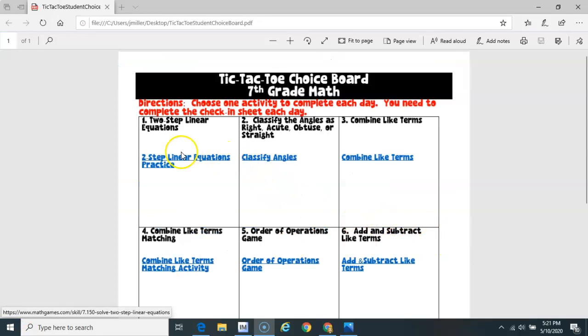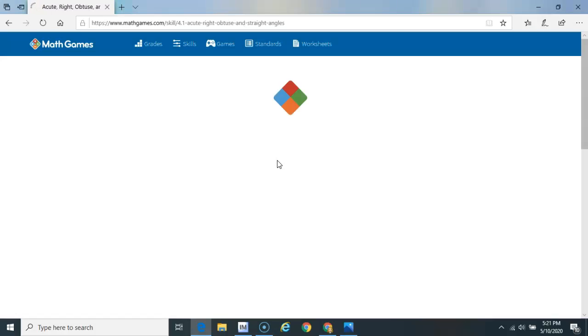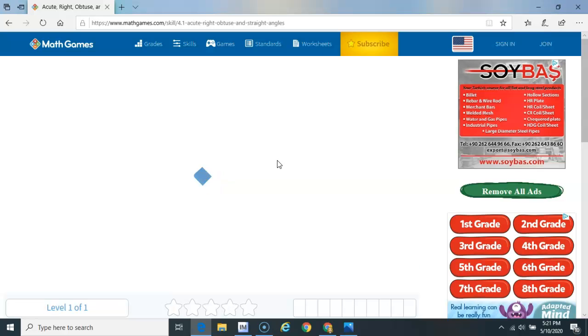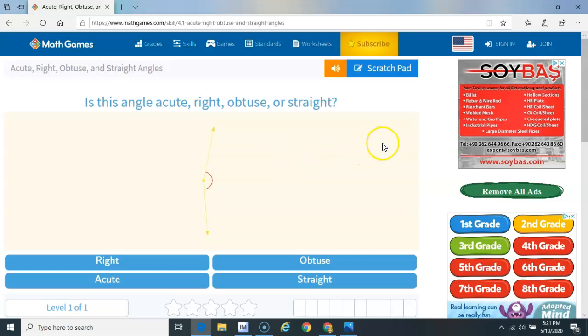So, like I was saying, if you got in and you said you didn't want to try that one, then you could go and you could look at this one. And this one is about classifying angles as acute, right, obtuse, or straight. If you don't remember the definition of some of those, you can always Google it since you don't have your math journal.